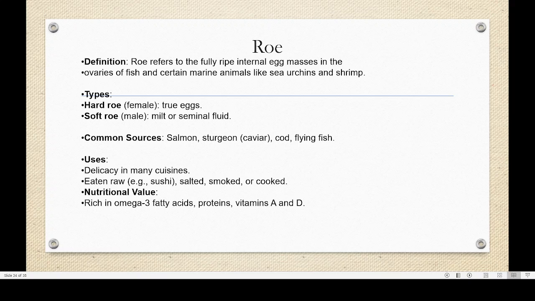But I think they also add some sauce-like material so that eating it in an uncooked state is easier. Maybe it is also rich in protein. It is a delicacy in many cuisines. It is eaten raw, like sushi. Here we don't eat anything as raw fish.